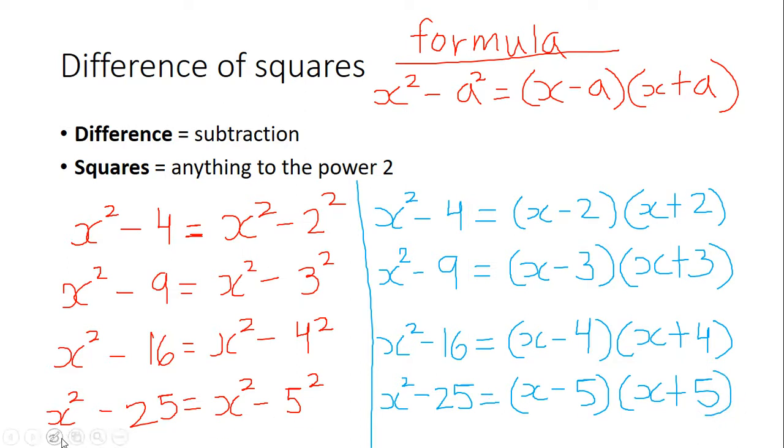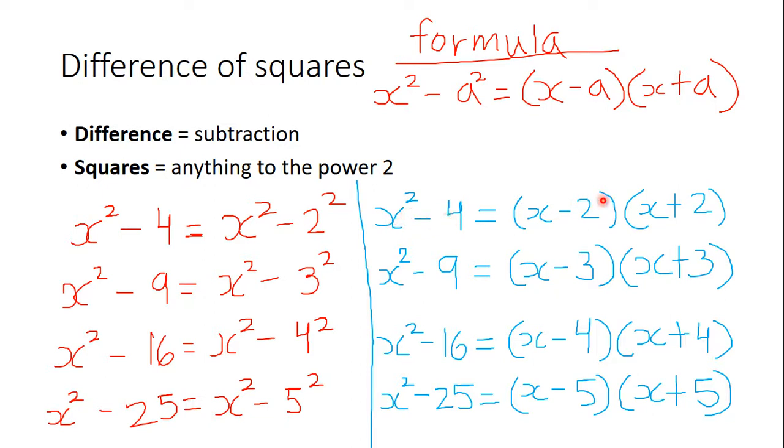Now these things mean something. So what happens is this quantity is multiplied by this quantity. And if we were to actually multiply it out, you would see that they equal the same thing, right? Let me multiply it out for you to see that these two are actually the same thing. This is the shortcut way of doing it, but if we actually multiply this out, you would see that it equals exactly x squared minus 4.